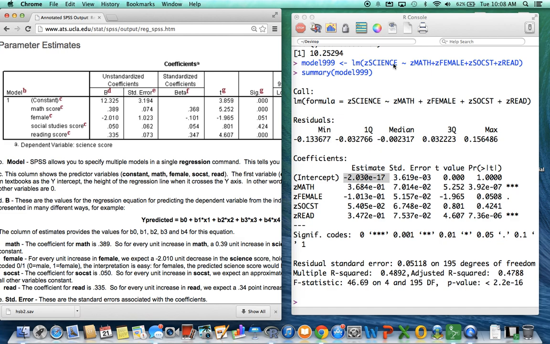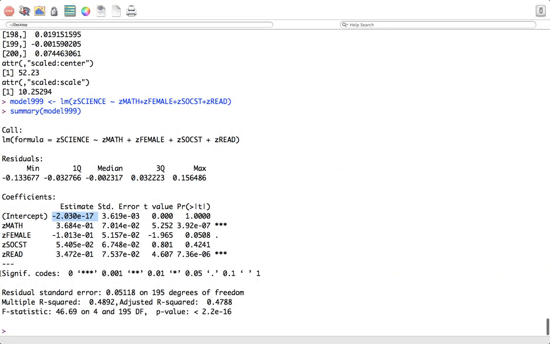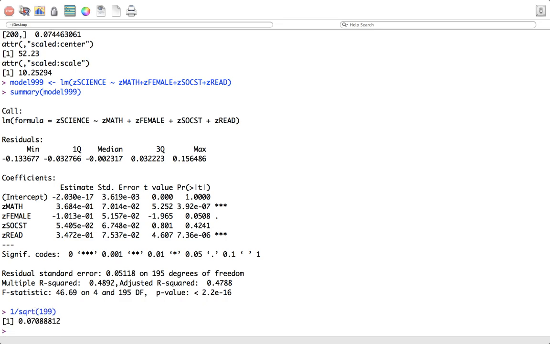That is an extremely small number. Multiplying a number by 0.071 is not going to have much effect on it. So the difference between the correlation transformation and a standard z-score transformation is not going to be as significant when we have larger data sets.